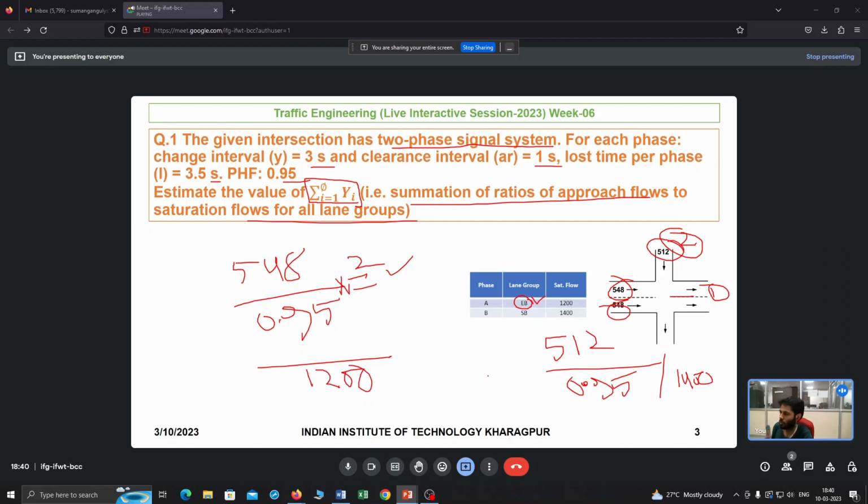So let me calculate. Then we have to add it. So 548 by 0.95 into 2, 1154. Is the volume here divided by 1200.